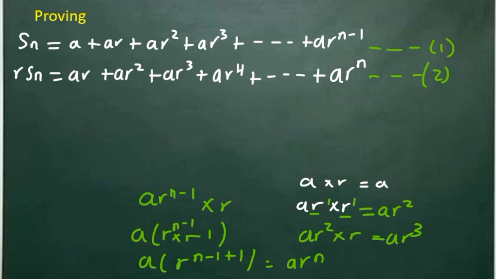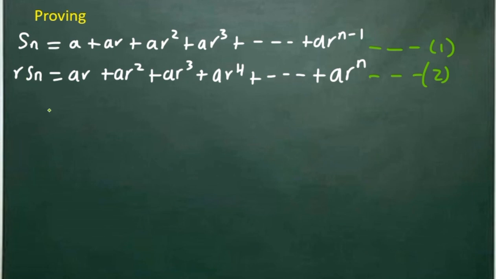All right, now let's take equation 1 minus equation 2. The expression we are going to have is Sn minus rSn, which equals, now the value of a here in equation 2 is 0, so 0 minus a, so we have a.